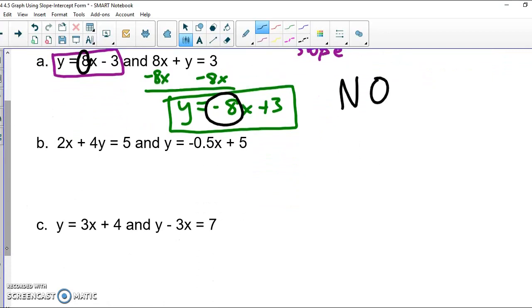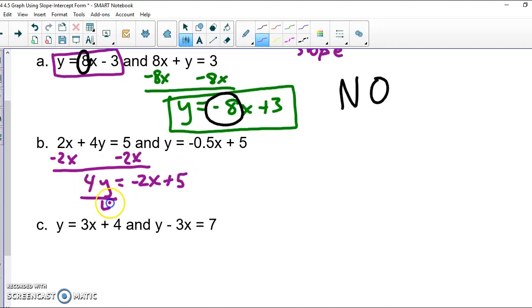On part B, same thing. Let's get these equations into slope-intercept form. So I'm going to have to rearrange 2x plus 4y equals 5. So I will subtract 2x from both sides. And that gives me 4y equals -2x plus 5.